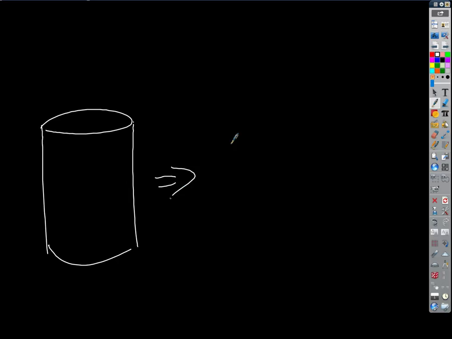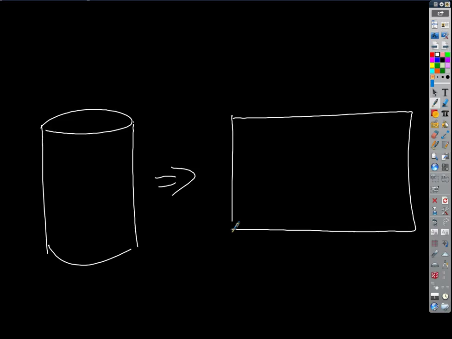Then it looks like that, right? Is it just h times circumference? Yeah, so it's going to be h times circumference. If I cut this thing and unroll it, then would everybody agree that this distance right here is just 2 pi r, and then the height is just h? So h times 2 pi r, 2 pi r h, okay?